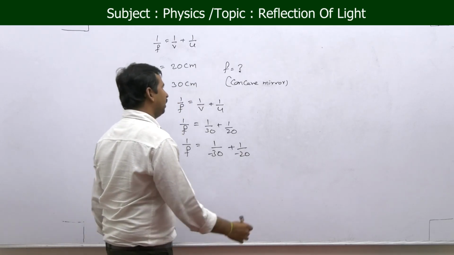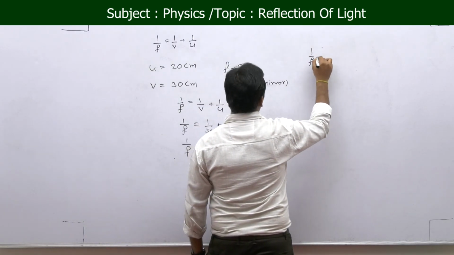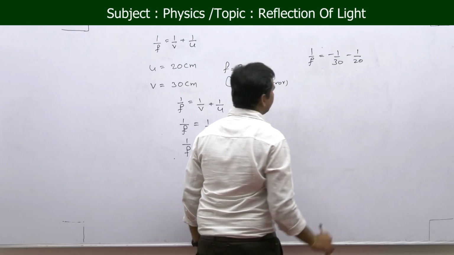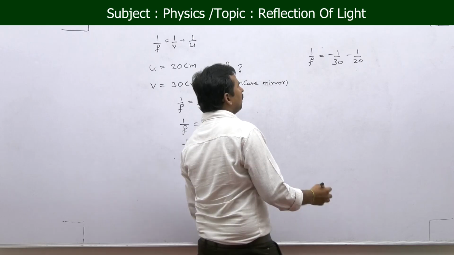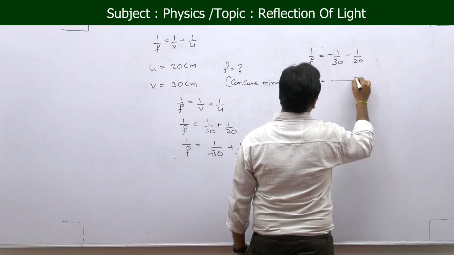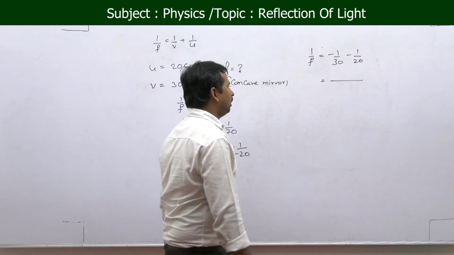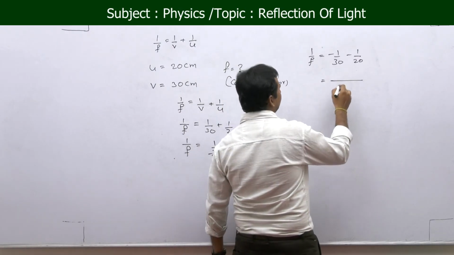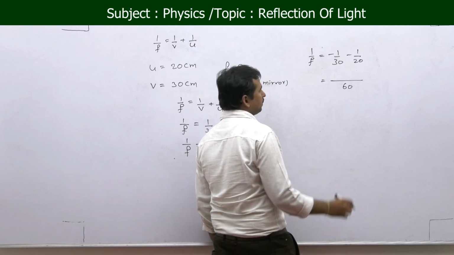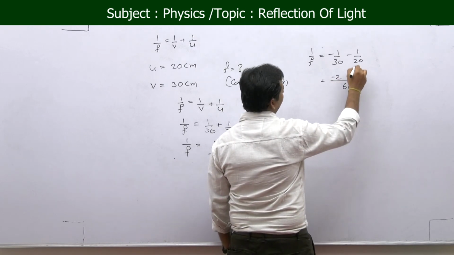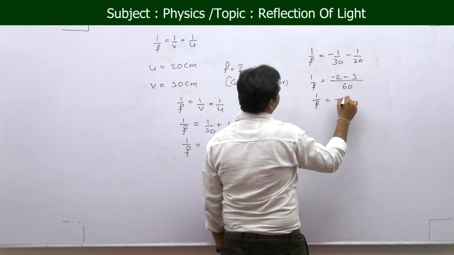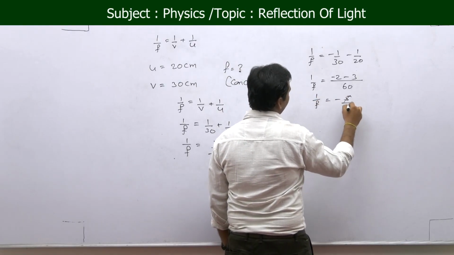Then finally we got 1 by f is equal to minus 1 by 30 minus 1 by 20. Taking the LCM of 30 and 20, which is 60, we get minus 2 minus 3, which is 1 by f. Then 1 by f is minus 5 by 60.